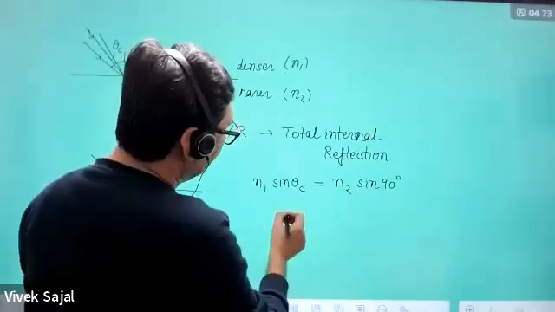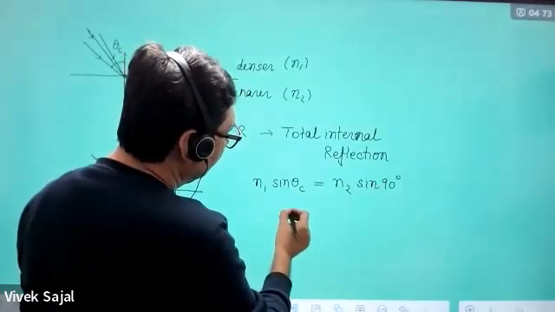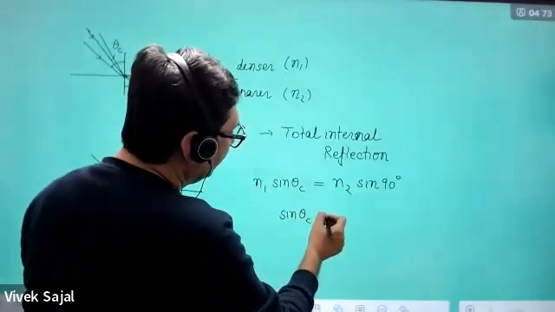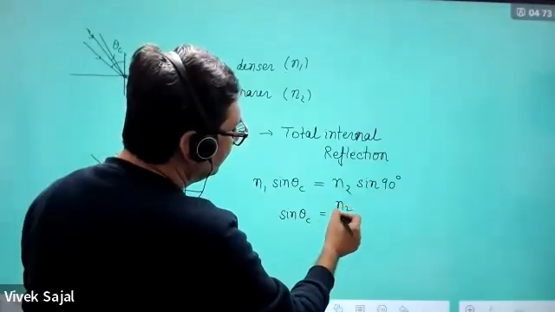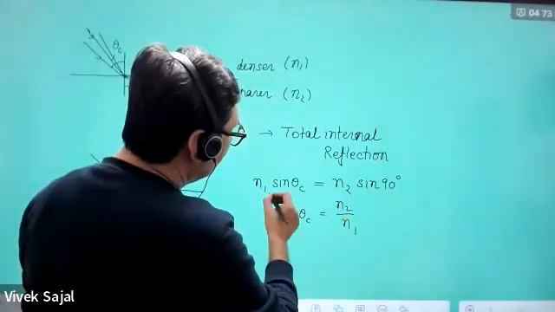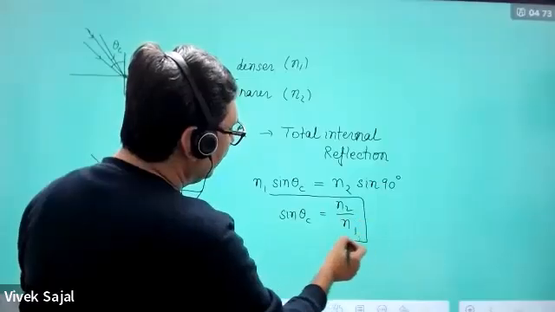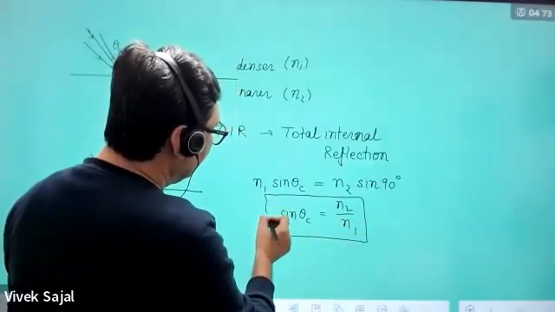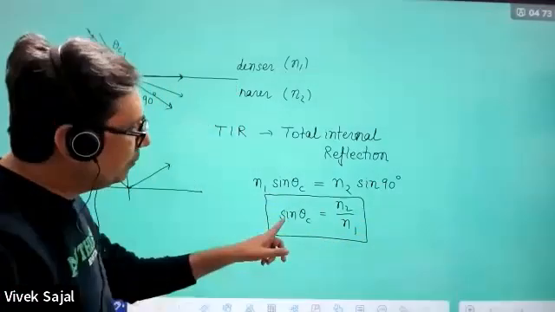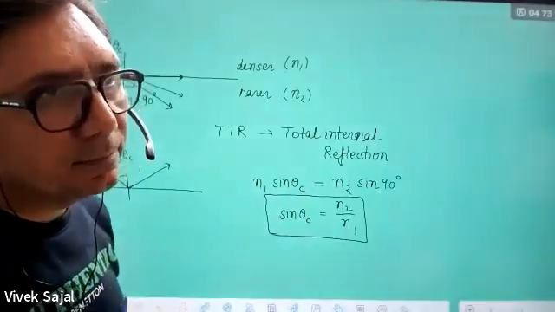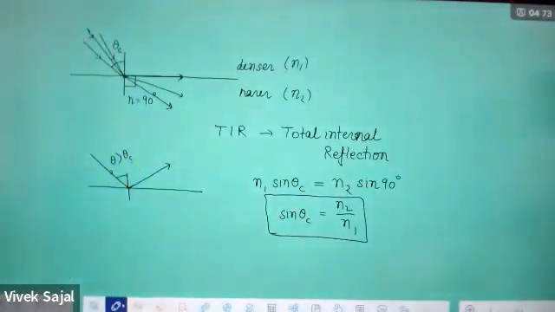Sine 90 is 1, so sine theta c will be equal to n2 upon n1. If n1 and n2 are known to you, you can find out sine theta c, and then the theta c value.